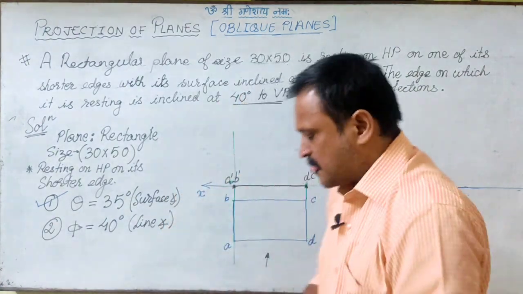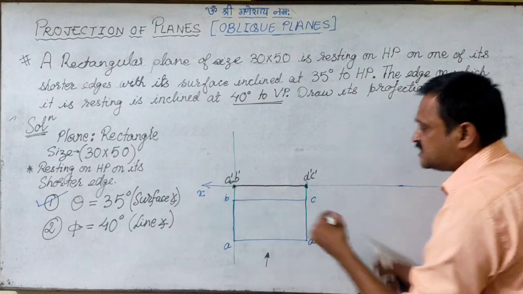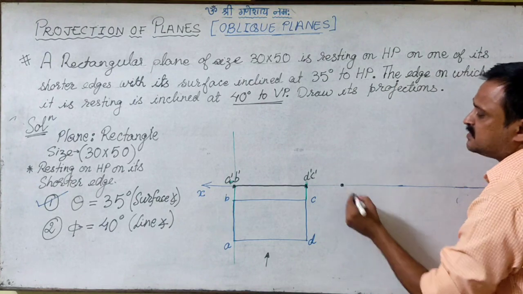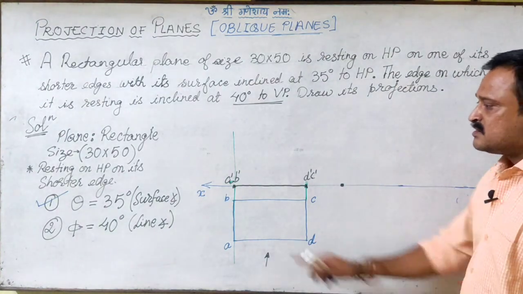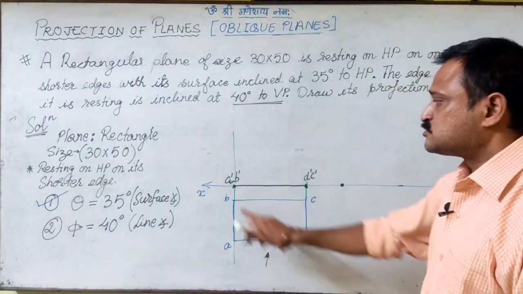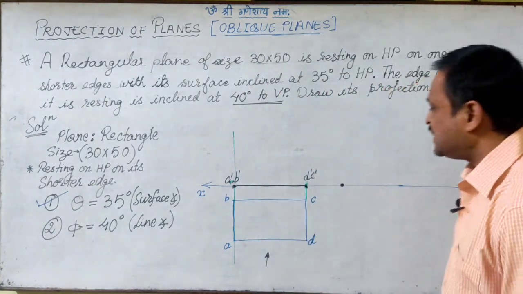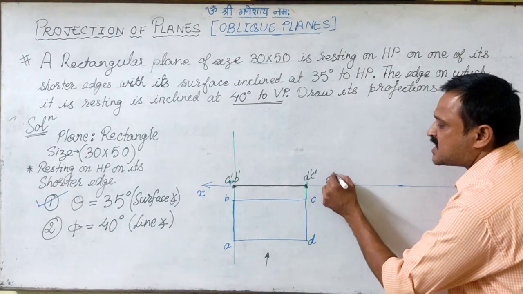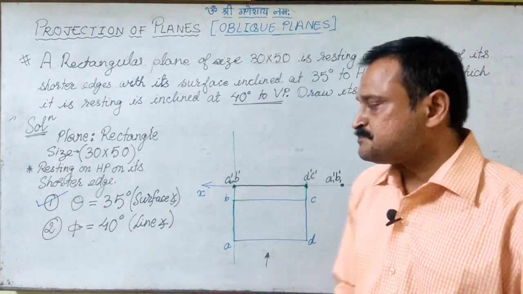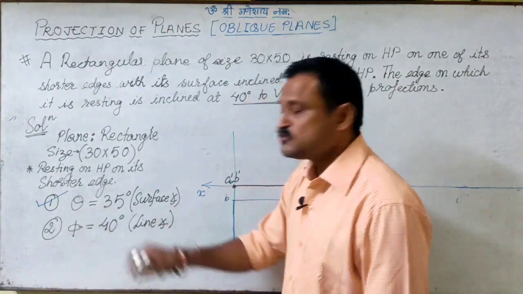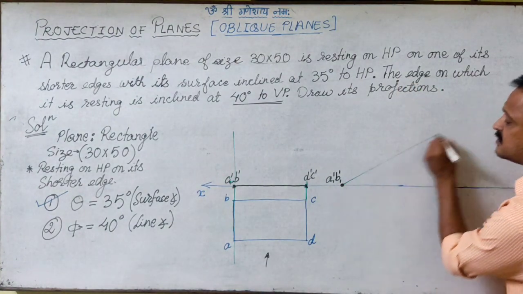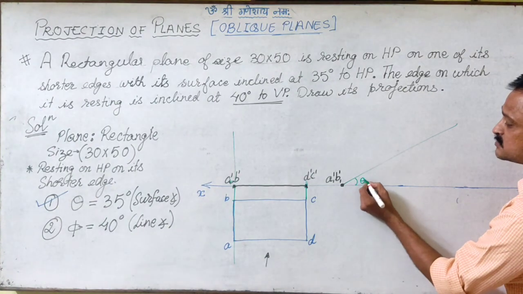So now when we are putting in the first condition, we will first mark a point on the XY line. For the first condition, AB is supposed to be kept on the horizontal plane, so AB will remain on the XY line. I name it as A1 dash, B1 dash for the first condition. Then theta is given to me as 35 degrees, so I will draw one line inclined at 35 degrees, which is equal to theta.